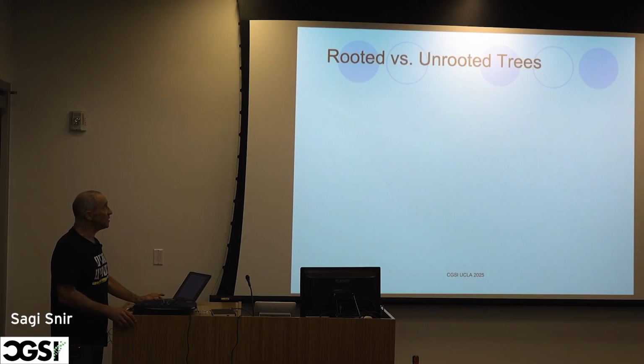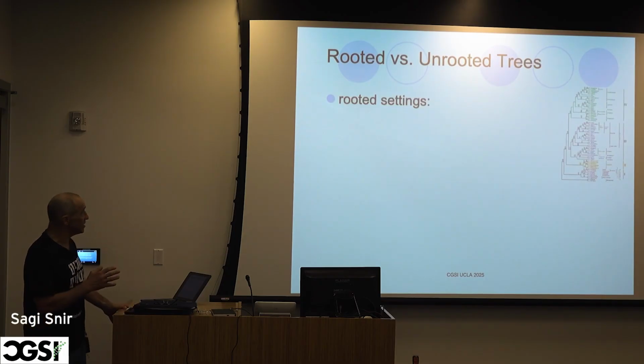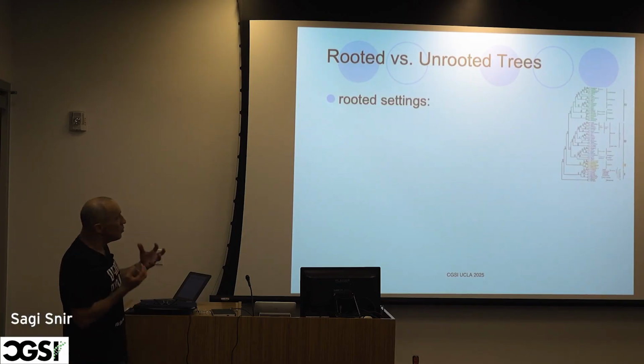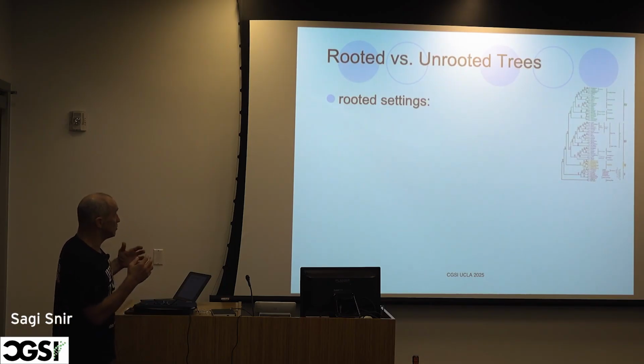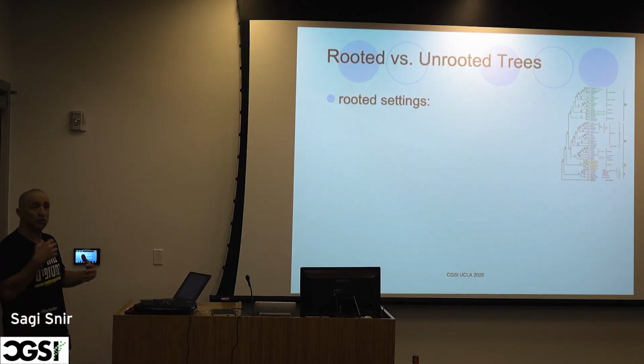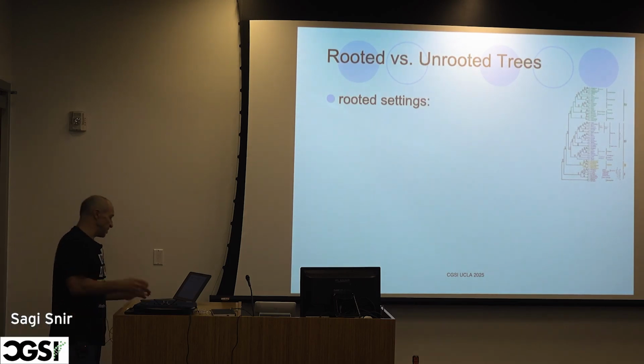Let's start now with a very fundamental distinction: the rooted and the unrooted setting. In a rooted setting, it is more or less the way history proceeded: we have an ancestor, which is a root, and then we have the descendants and children.